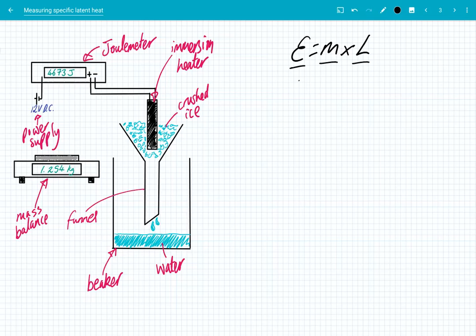So I'm going to rearrange this equation where L is equal to E over M. So the latent heat of fusion of ice is given by the energy required to melt the ice divided by the mass of ice or water that has melted. So I simply need to make 2 measurements, the energy and the mass. And when I do energy divided by mass, I get my latent heat. So it's very, very simple.